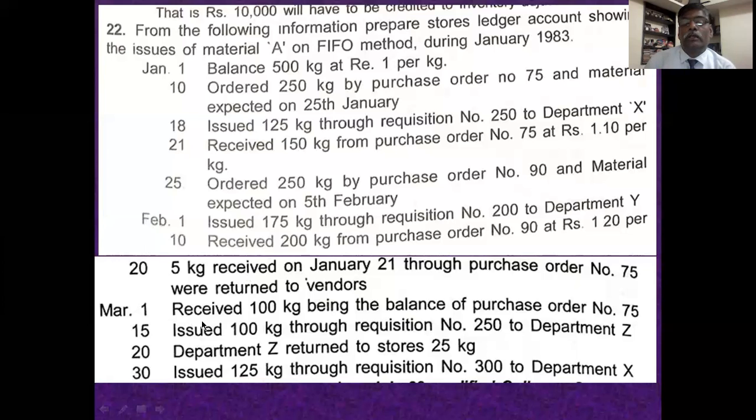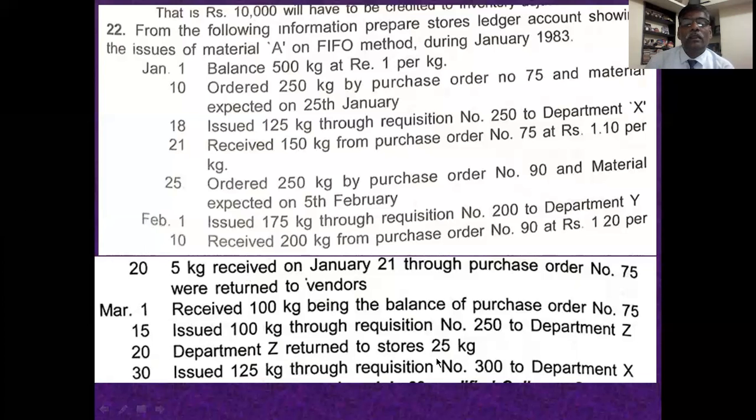Next, come to March. March 1st, 100 kg received, you record in the receipt column. March 15, issue is there, you record in the issue column. March 20, department Z return to store comes to a receipt column.